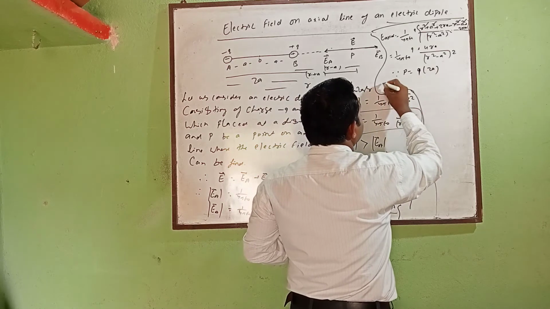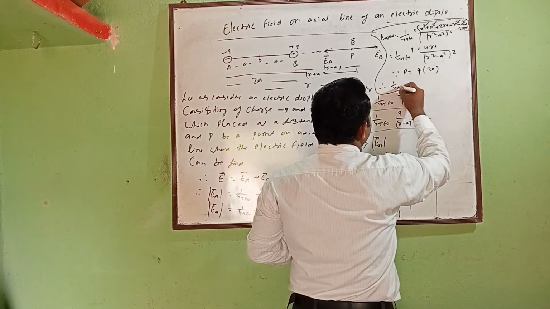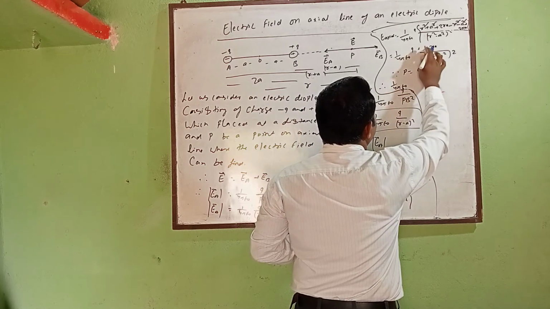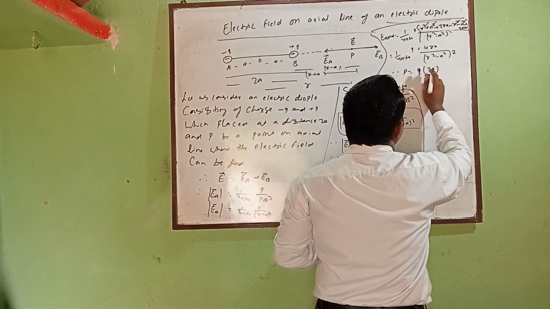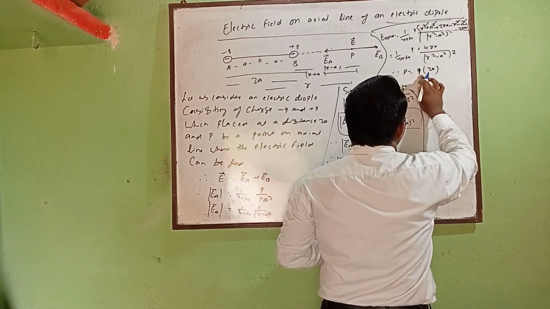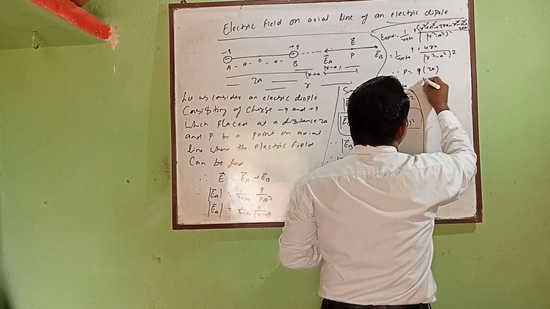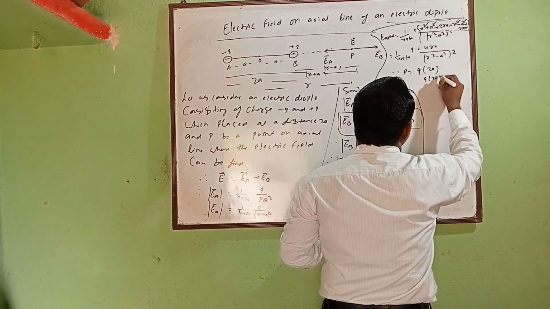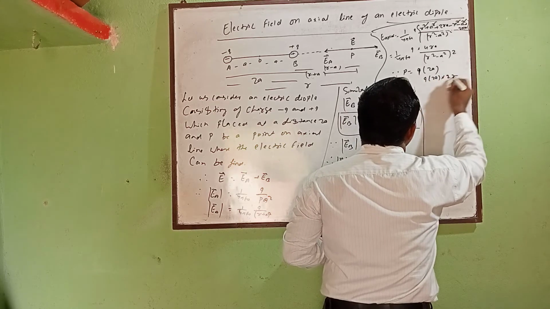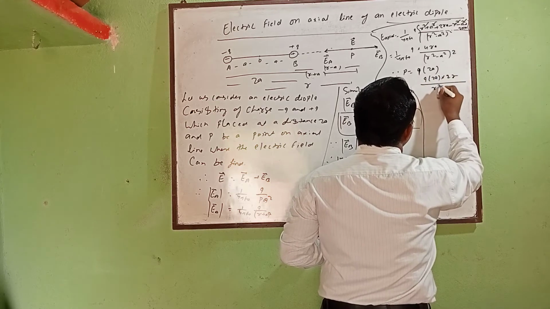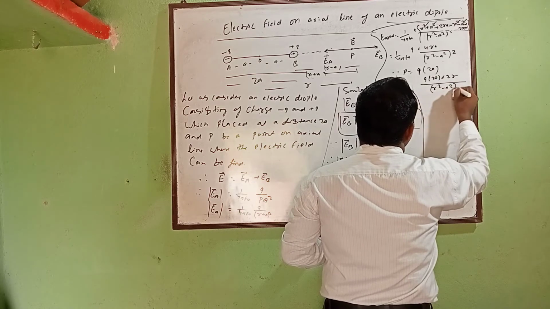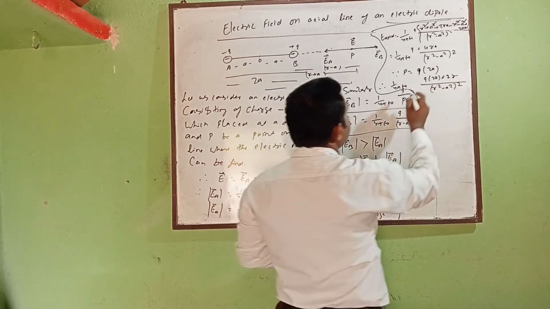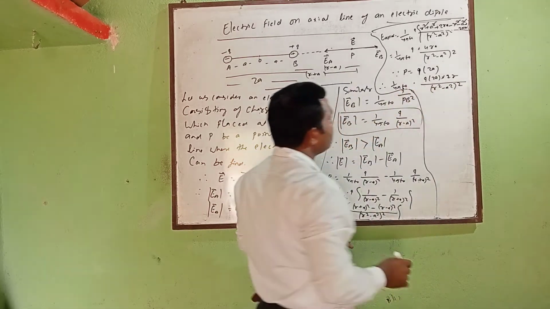So you can write therefore 1 by 4 pi epsilon naught, and here will be what? In the place, 2qa. So here you can write q into 2a into 2r divided by (r square minus a square) whole square. Can you write here? Okay.